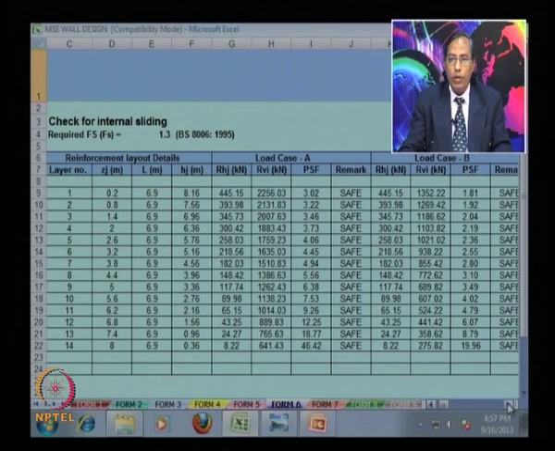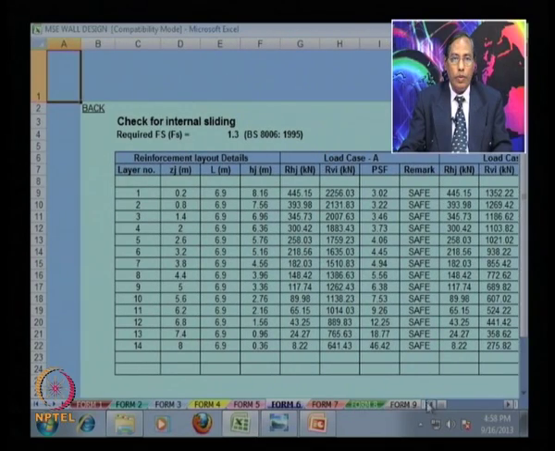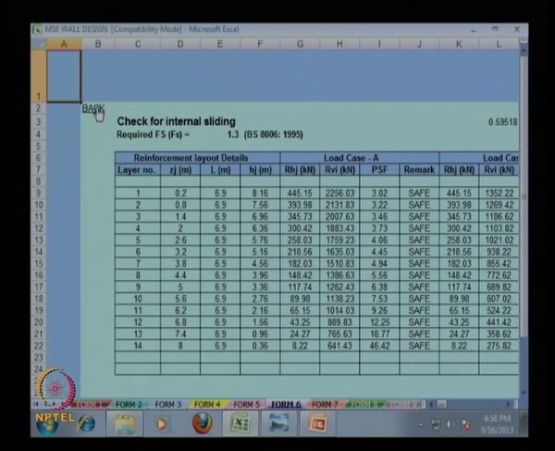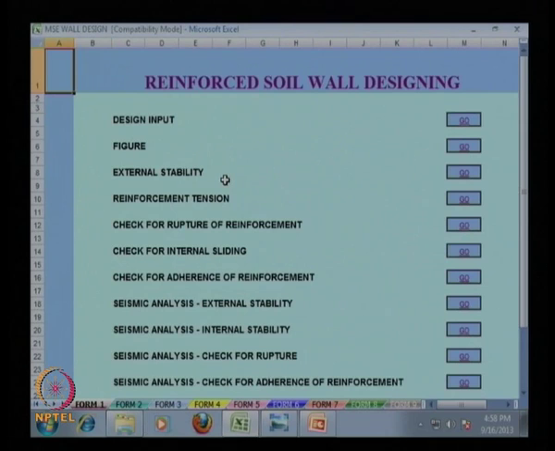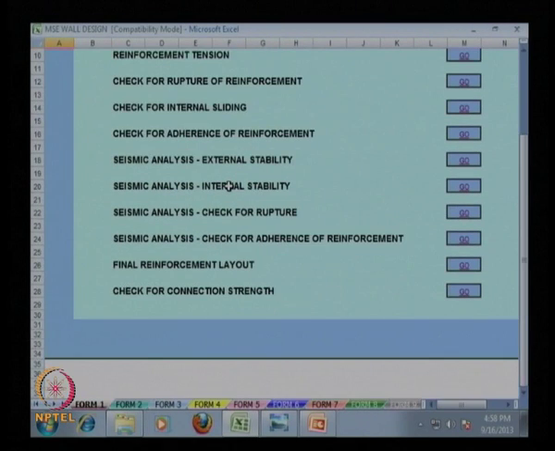So this is also safe because it satisfies the criteria as per the BS code specification. So we almost complete this design for the reinforced soil retaining wall.